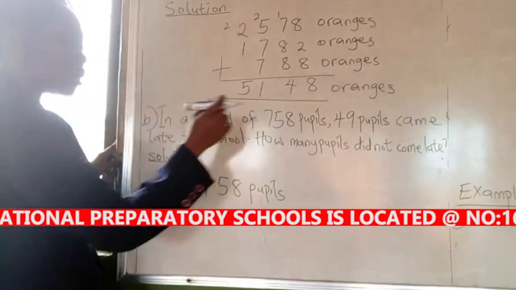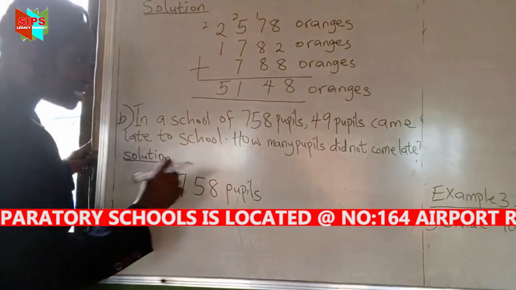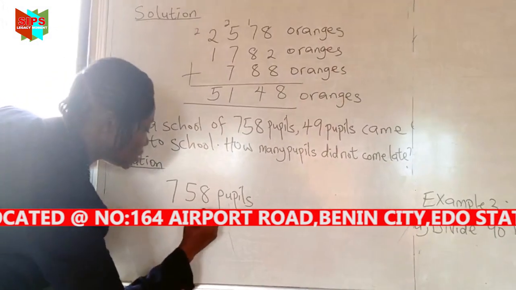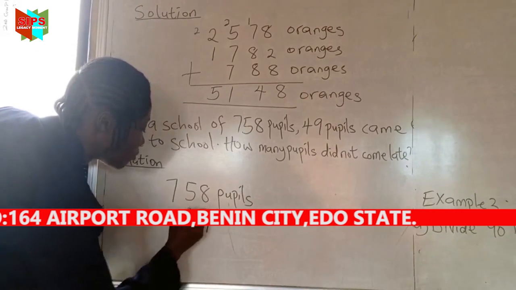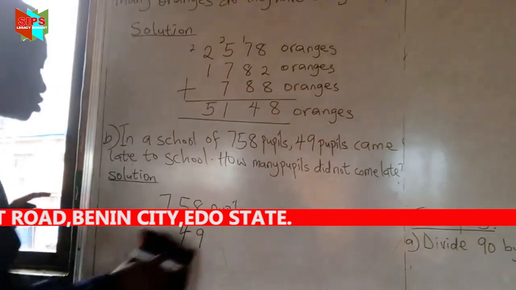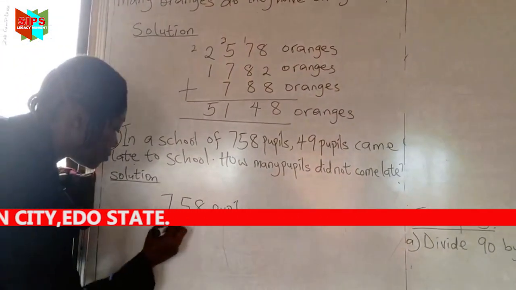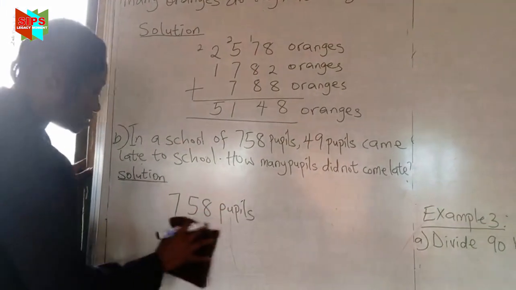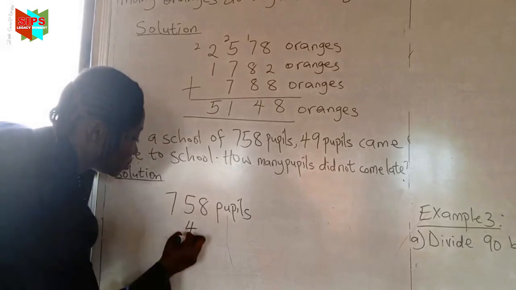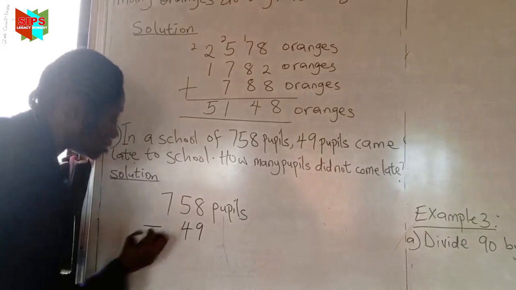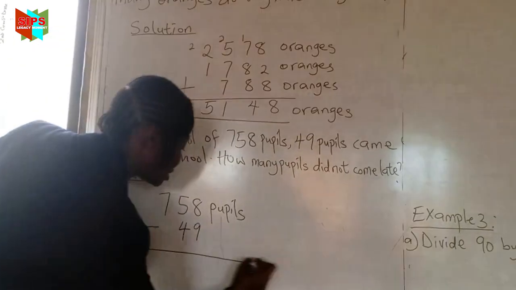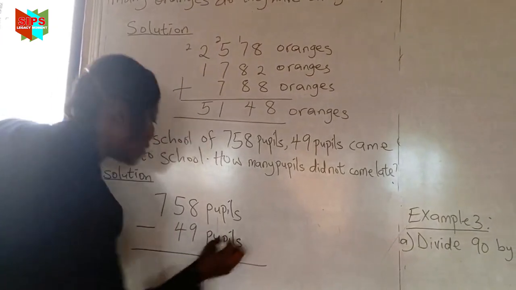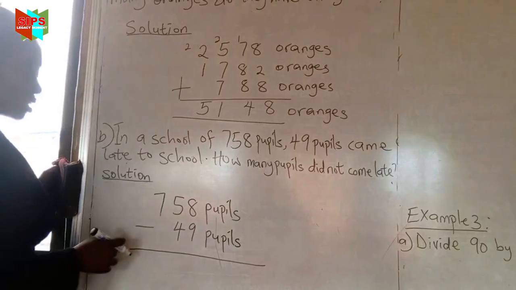Remember I told you should always start your writing of numbers from the unit end, which is your right hand side. So you write your 9 here and your 4 here. Let's take for instance you want to solve this and you write 49 as this. You will be getting a wrong answer. Please, it is important. Put it to mind. Then you have your sign as subtraction sign.